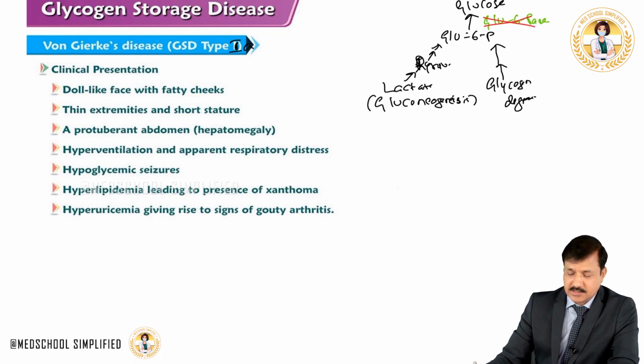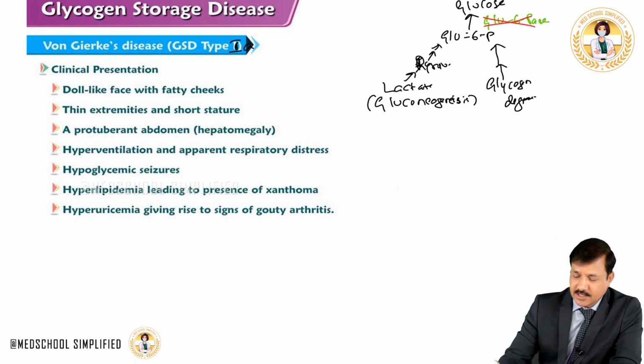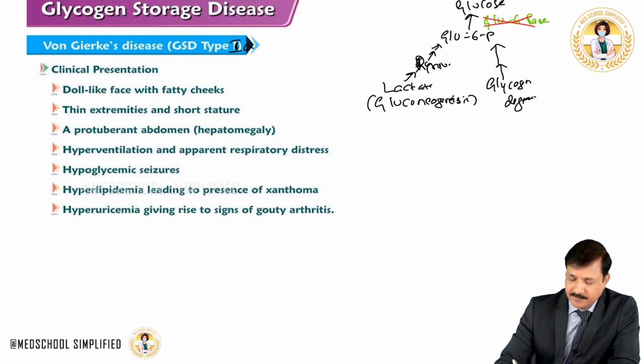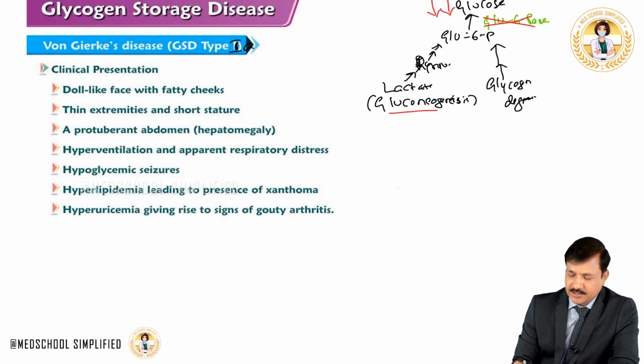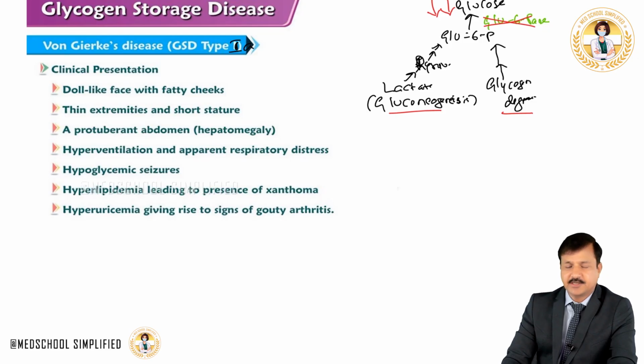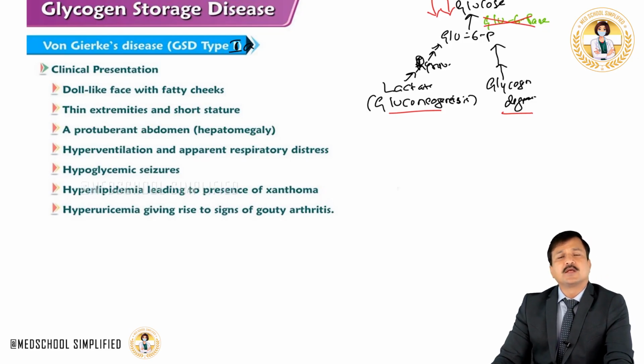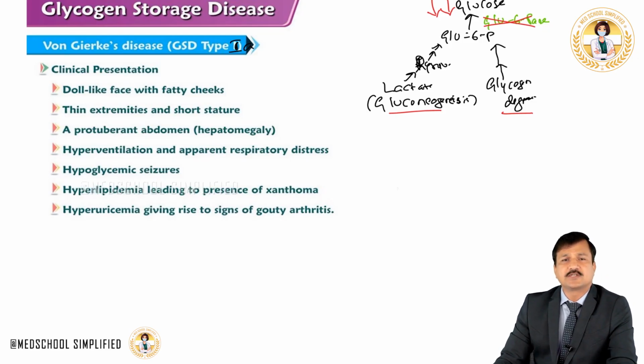So what happens? Because of this, the first thing that happens under fasting condition is that glucose levels in the blood will decrease. Why? Because gluconeogenesis and glycogen degradation are the sources of glucose under fasting condition.